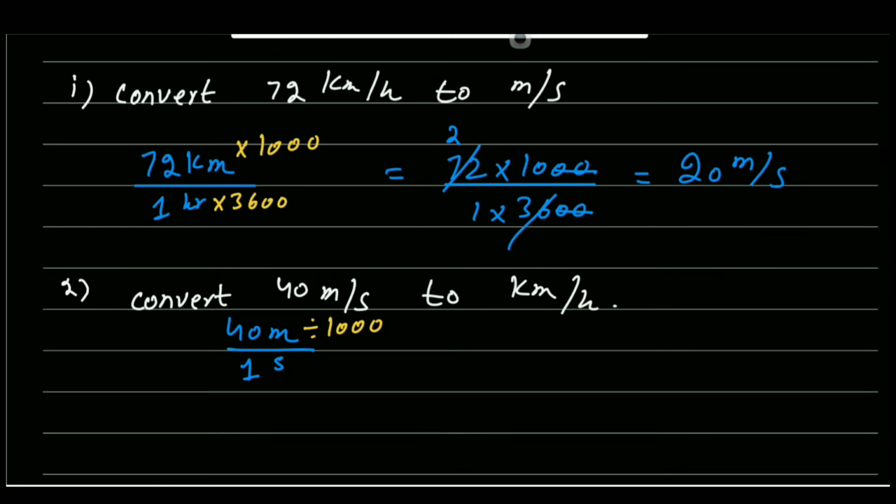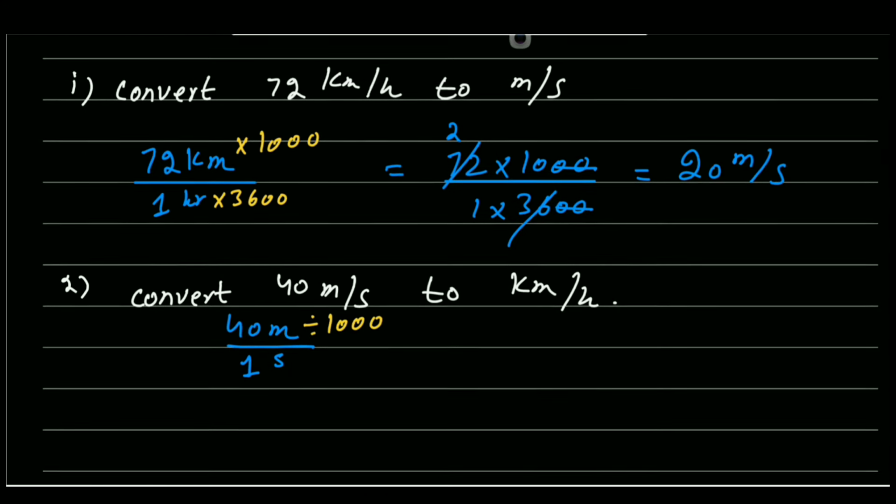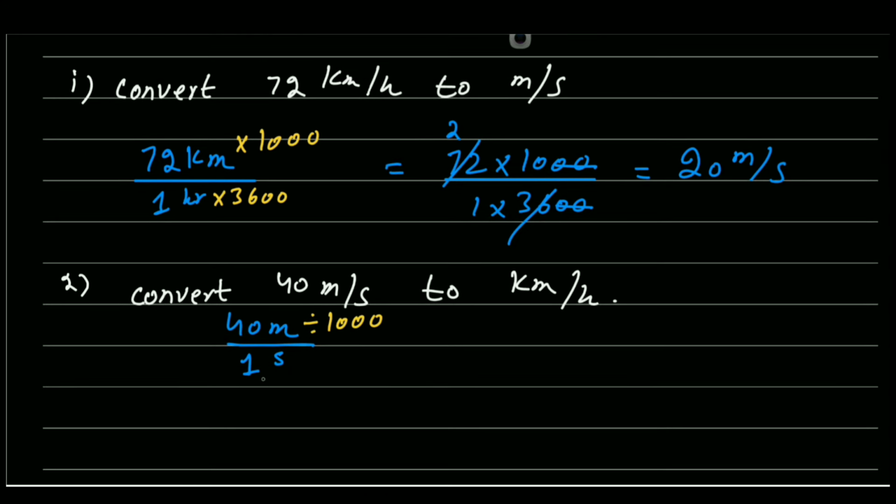And to convert seconds into hours, we have to divide by 3600. So now 40 divided by 1000 over 1 divided by 3600.